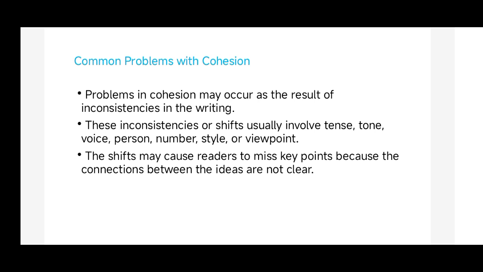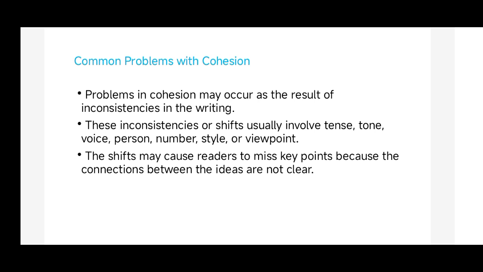See, these inconsistencies usually involve tense, tone, voice, person, number, style, and viewpoint. And a shift may cause readers to miss the key point because the connection between the ideas is not clear.